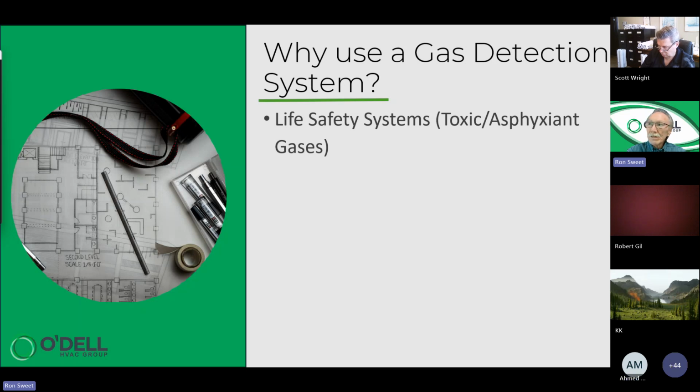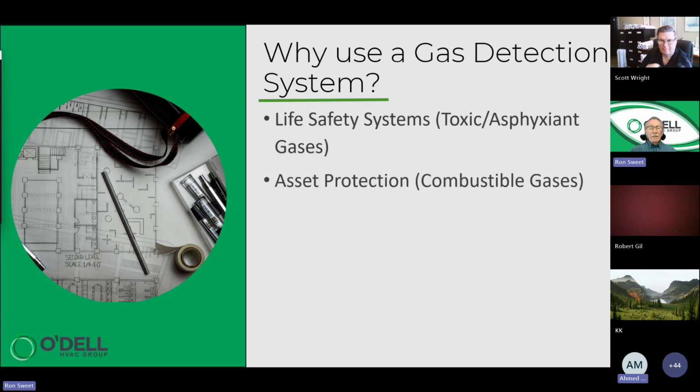We want to protect those people, so we utilize a gas detection system to monitor the concentration buildup. And when that concentration begins to build up, we will bring on the ventilation system so that we can dilute through ventilation. So basically a demand controlled ventilation system for the protection of people.